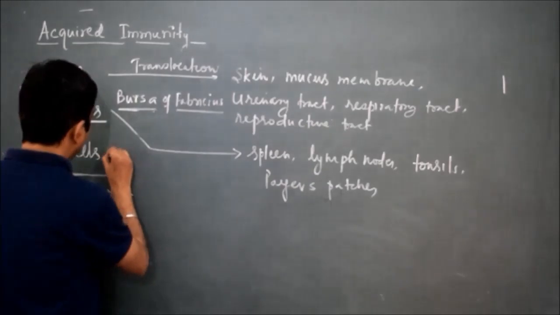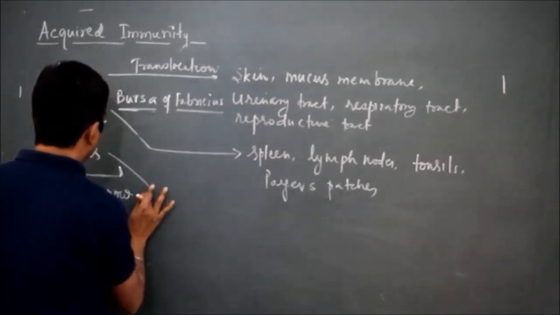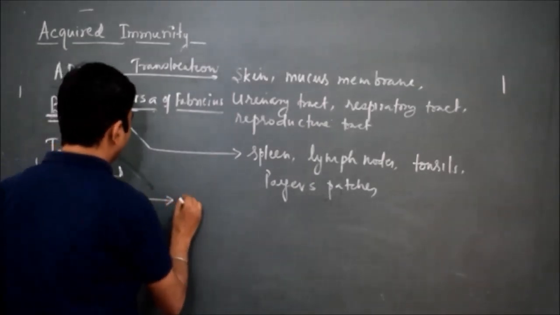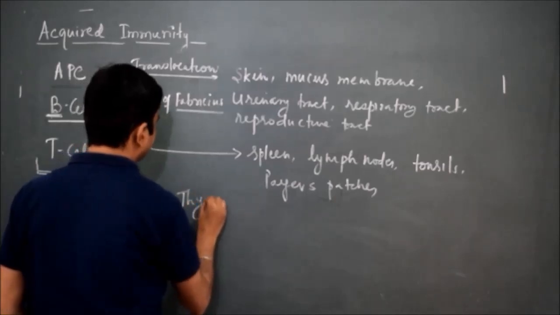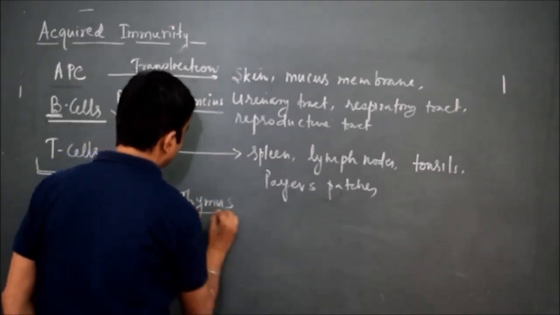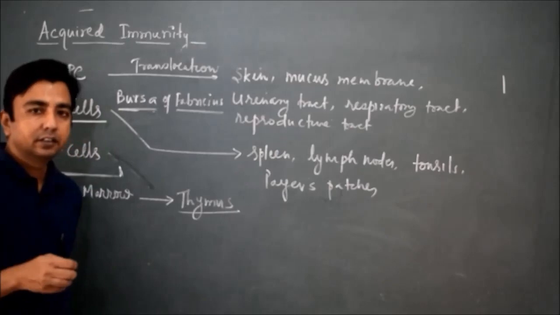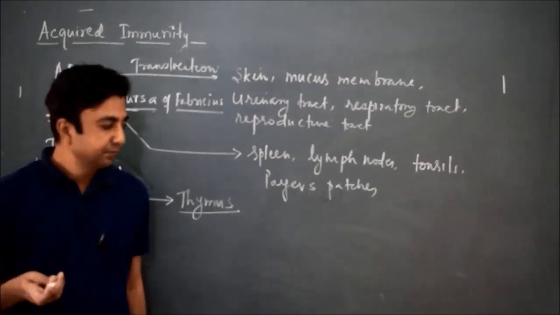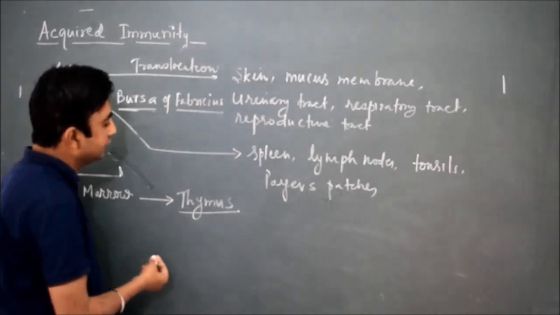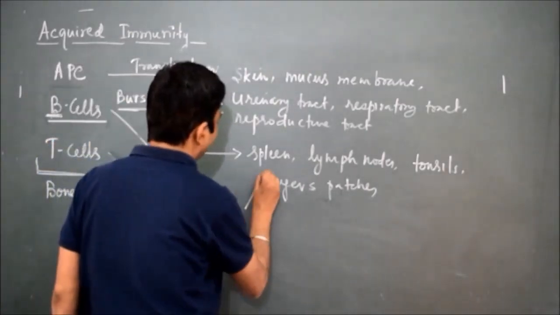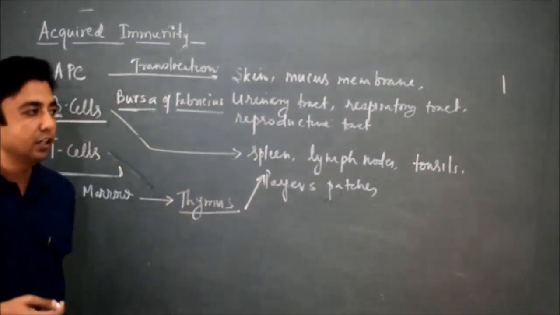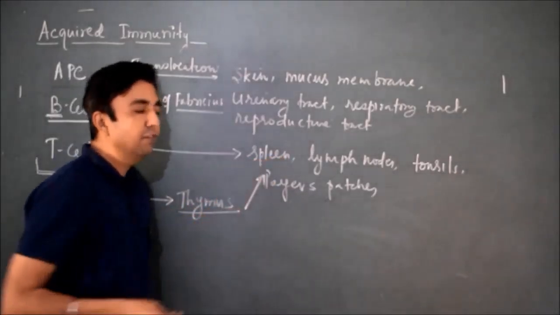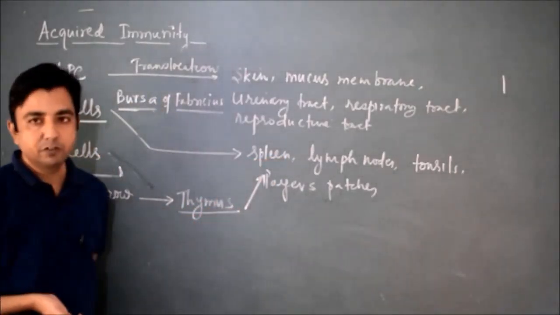So from the bone marrow they will go to the thymus, and here T cells will mature, proliferate and differentiate. After the thymus they will go to the secondary lymphatic organs, that is spleen, lymph nodes, tonsils and Peyer's patches.